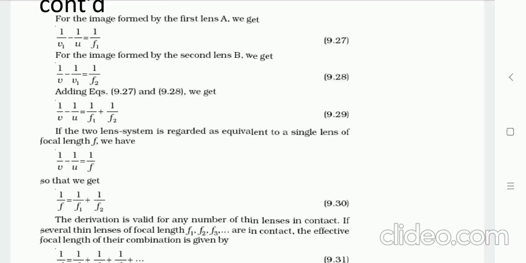Likewise, for any number of lenses kept in contact, the equivalent focal length is 1 upon F equal to 1 upon F1 plus 1 upon F2 plus 1 upon F3.